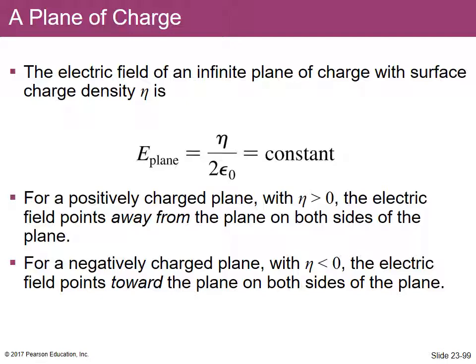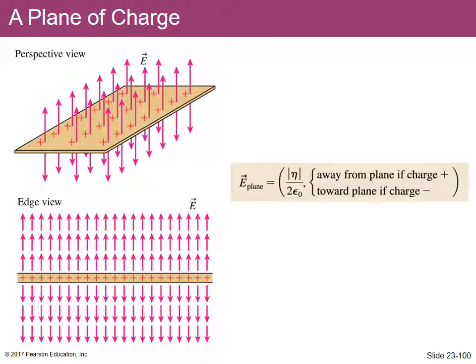For a positively charged plane with eta greater than 0, the electric field points away from the plane on both sides of the plane. For a negatively charged plane with eta less than 0, the electric field points toward the plane on both sides of the plane. The direction of the field is away from a plane of positive charge and toward a plane of negative charge.